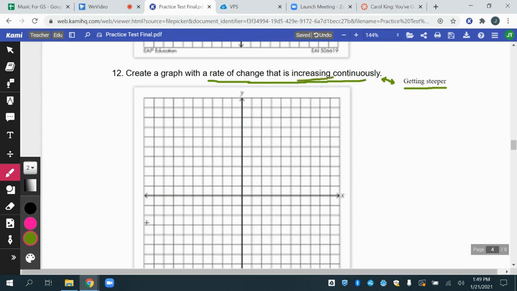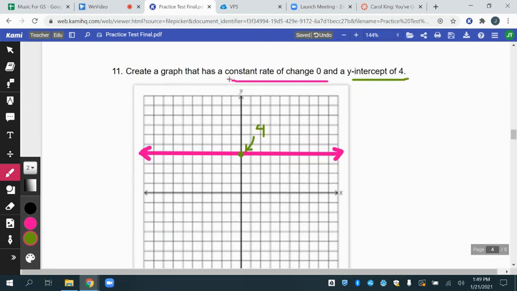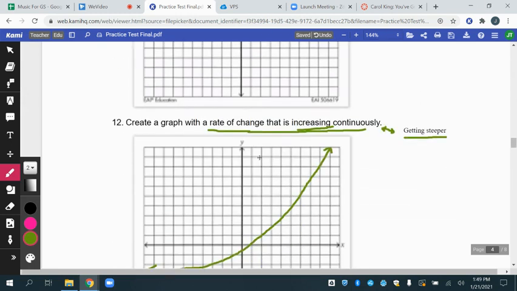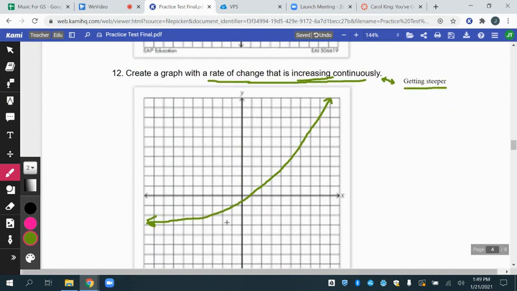So we start out not going fast at all, and then we get faster and faster and faster. The line keeps getting steeper. It's not a straight line because straight lines have a constant rate of change. This one doesn't. The steepness of the line is getting steeper continuously. Getting steeper, increasing continuously, always getting steeper.